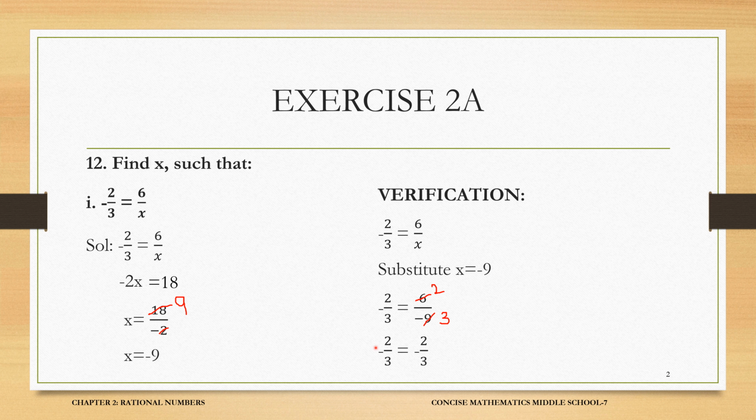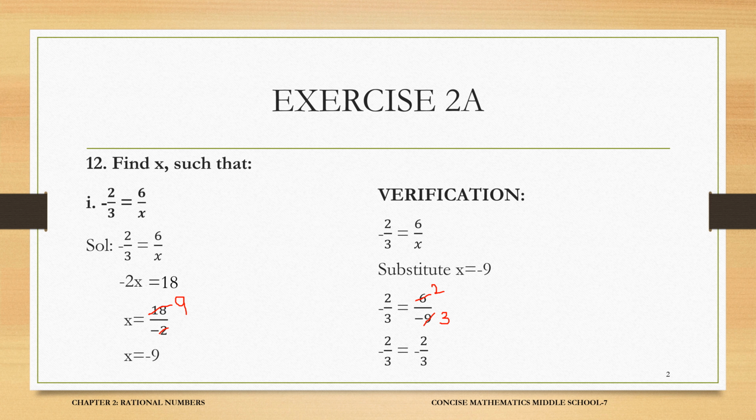Yes, we got the answer. See, we got the same answer. Both the sides are equal, right? Left hand side part is equal to the RHS, that is right hand part. Minus 2 by x, and here minus is in the denominator, so you can even place that in a numerator. So it becomes minus 2 by 3. I hope you understood this.